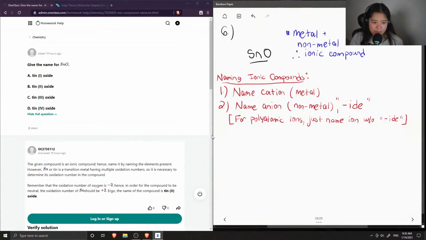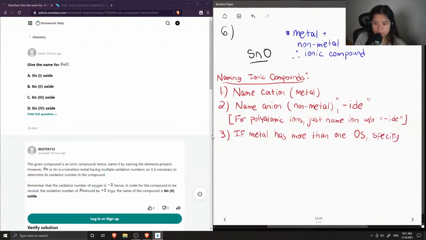And then for step 3, depending on the type of metal you have, it can have different oxidation states. So if your metal has more than one oxidation state, we can specify which one that is.